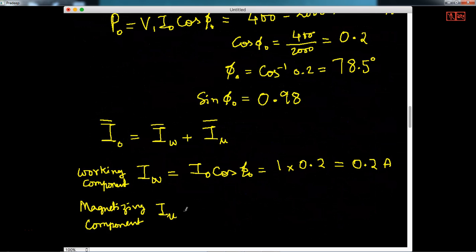That is nothing but I naught sine of phi naught, which is 1 into 0.98, so that is 0.98 amperes. To understand all these things even better, let's draw the vector diagram.